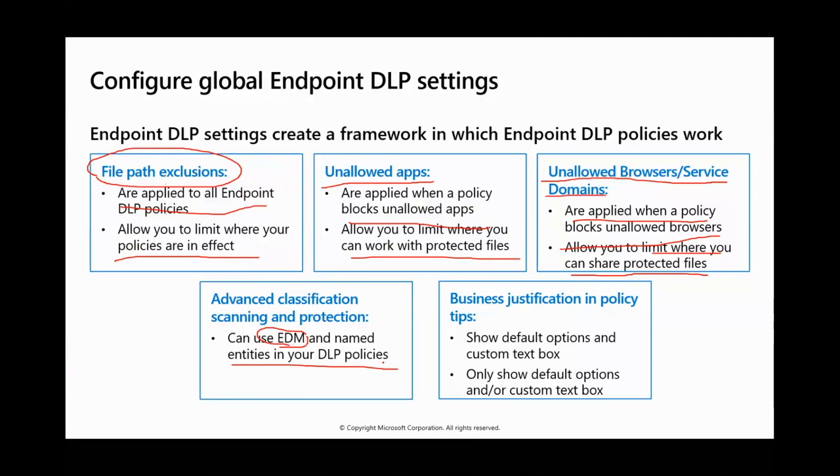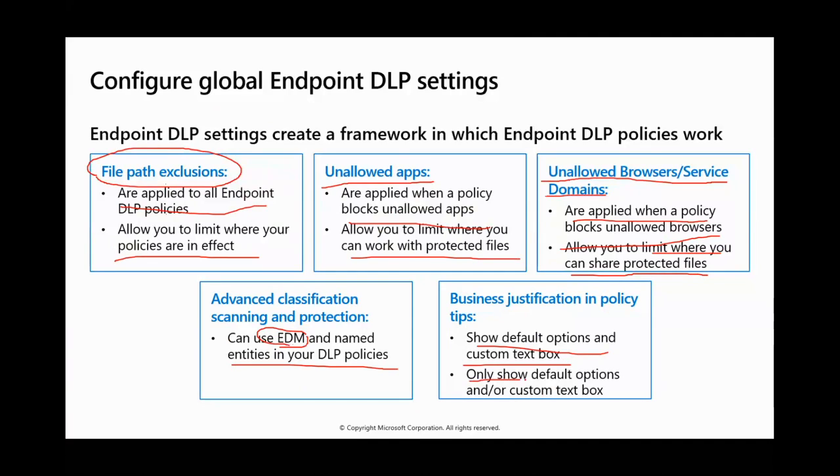Finally, if we are going to allow the user to override some of these policies, we can set global configurations and show default options and a custom text box. For example, we can allow or deny the user to give a justification.